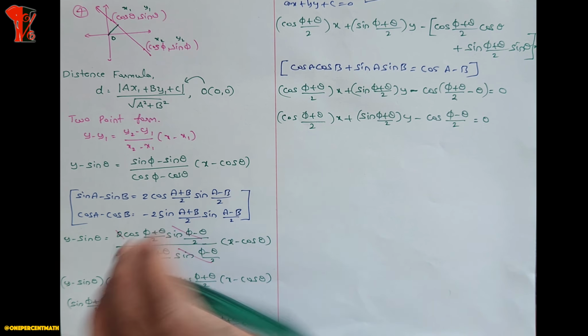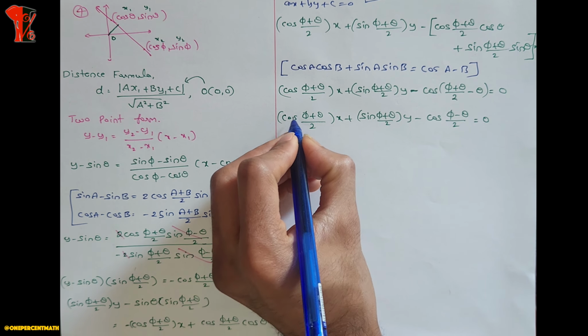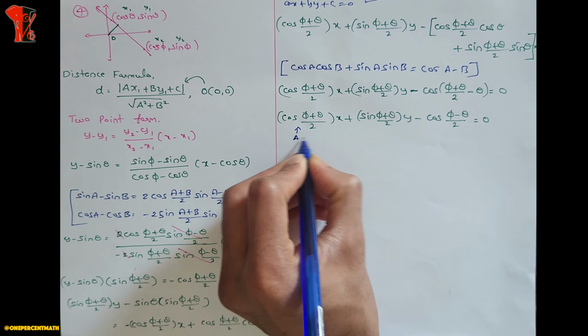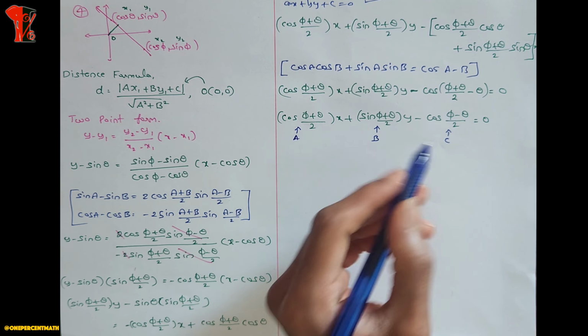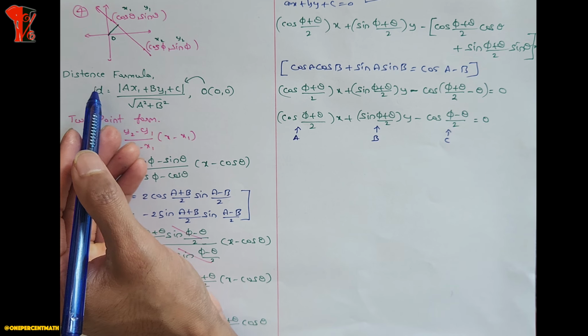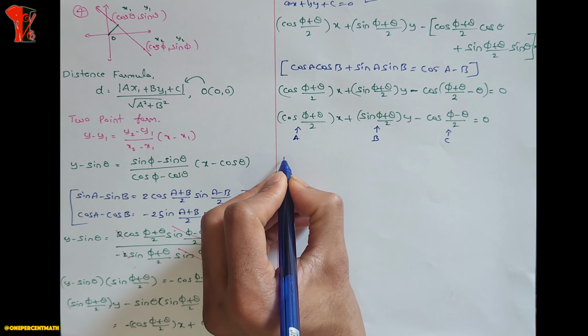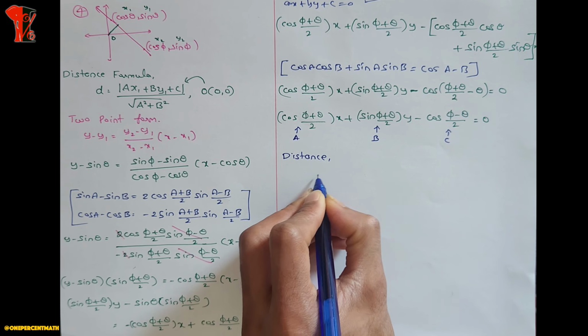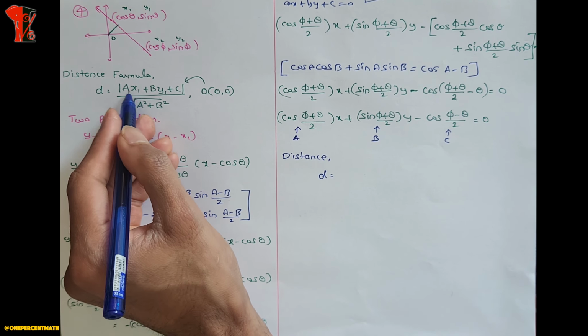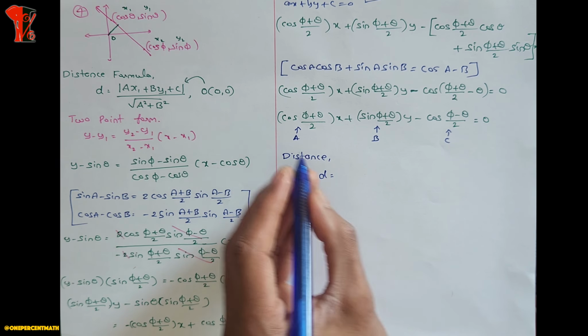Now our equation is ready. Now this particular part represents A, this represents B, and this represents C. So this we are going to substitute in our distance formula, correct? So what is that? So distance D is equal to |A x1 plus B y1 plus C| divided by root of A square plus B square, right?